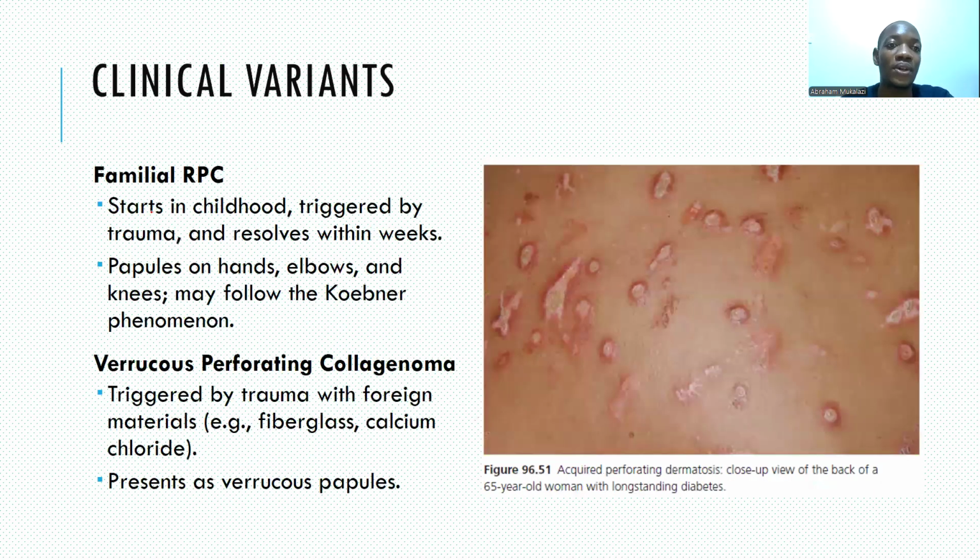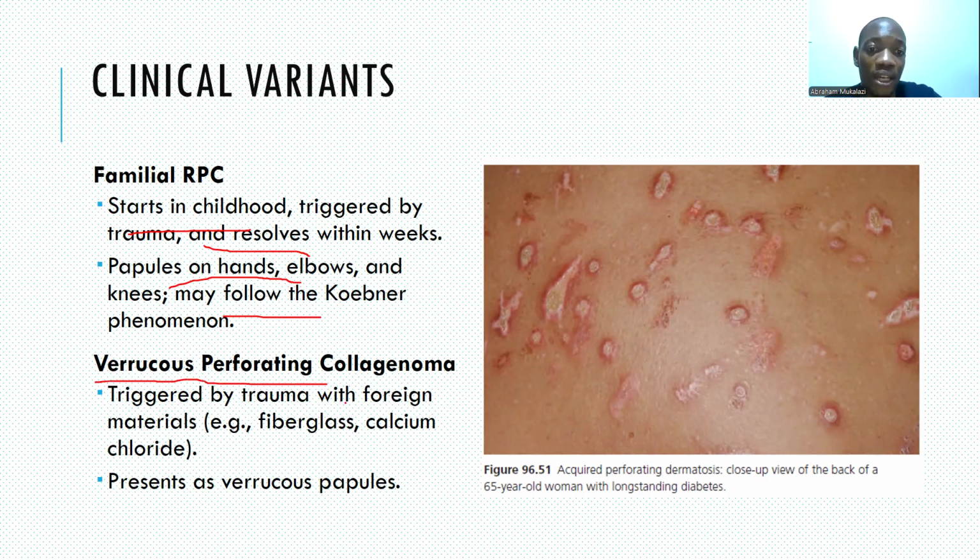Then it can also have the familial type, reactive perforating collagenosis, which usually starts in childhood, triggered by trauma, but it can resolve within weeks. Someone will have papules on the hands, elbows and knees, and may also show some form of koebnerization. You can also have the verrucous perforating collagenoma.